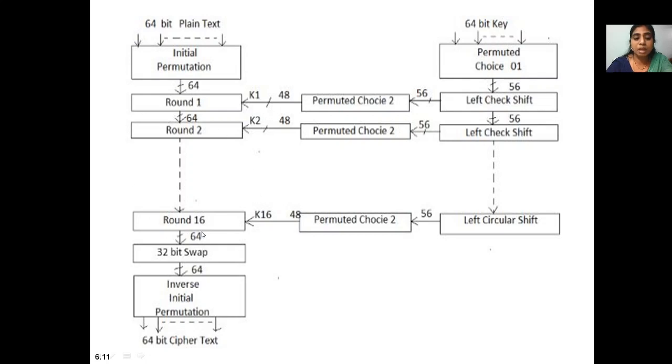Once the 16 rounds are finished, we swap the 32 bits. Then we apply the inverse initial permutation, and then we get the cipher text.